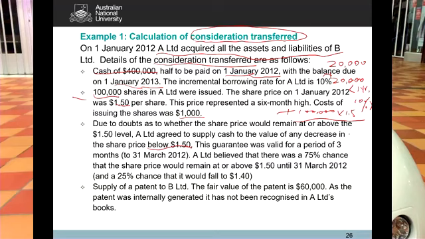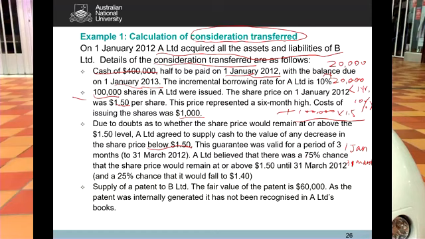So today is 1st January, and for 3 months, if that's at the end of 31st March, then A will pay some compensation to make sure they can still have the value of 1.5. How do they do that?